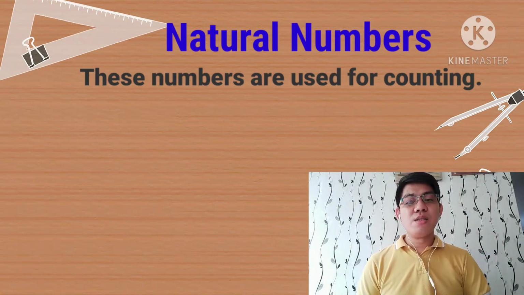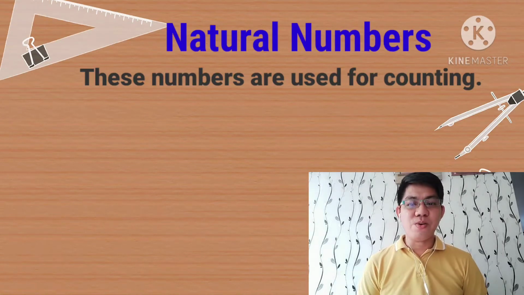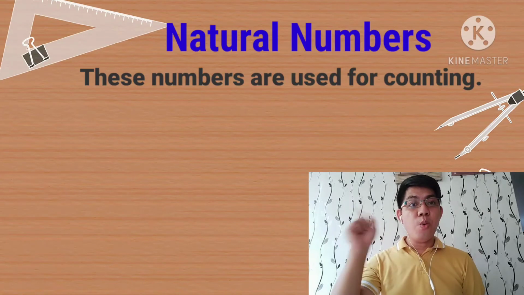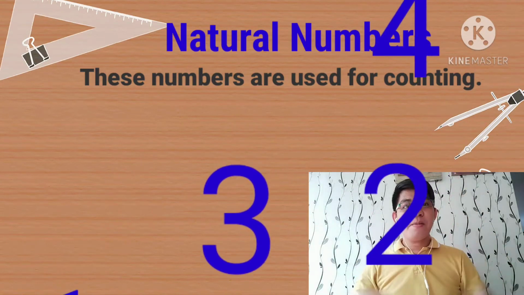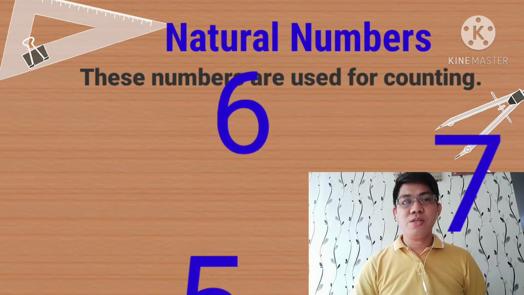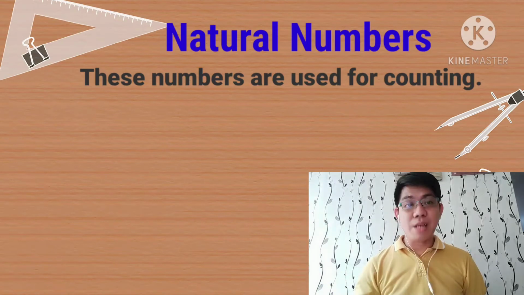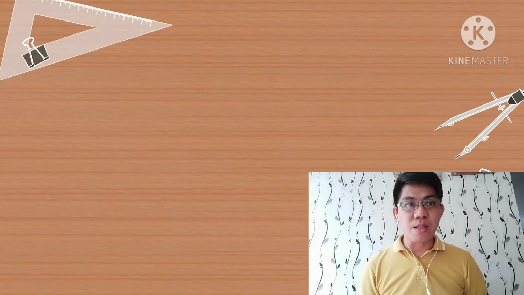Yung natural numbers ay ginagamit natin for counting. Ano-ano ba yung mga halimbawa? We have 1, 2, 3, 4, 5, 6, 7, and so on. Those numbers are what we call counting numbers.